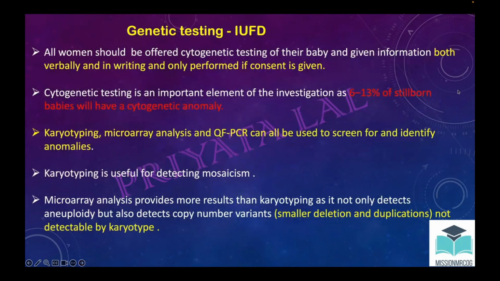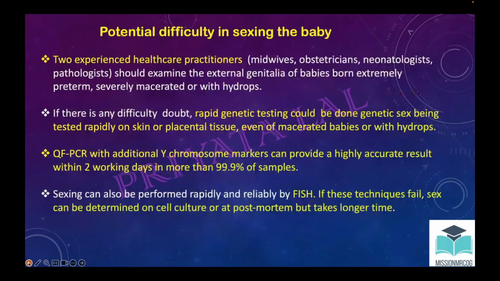Okay, genetic testing. Yes, ma'am, can you please clarify regarding the macerated babies and the hydrops also, for that sex determination? See, it is the same thing. The first option is that two experienced people will try to find out the sex of the baby.